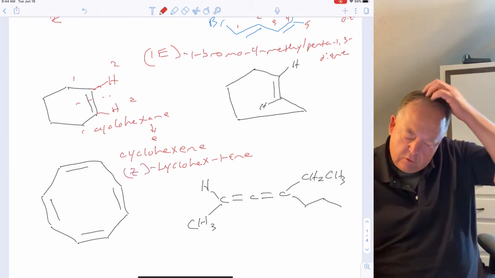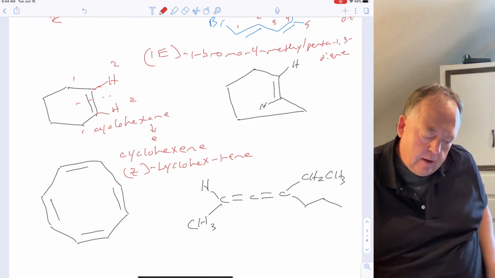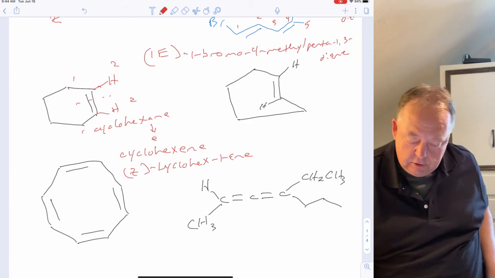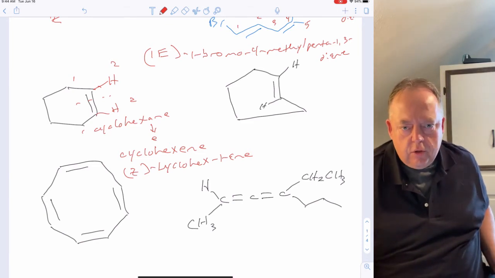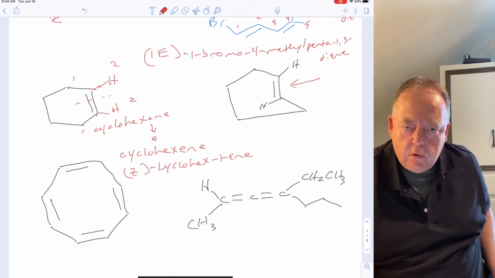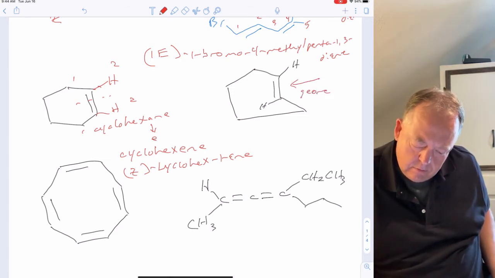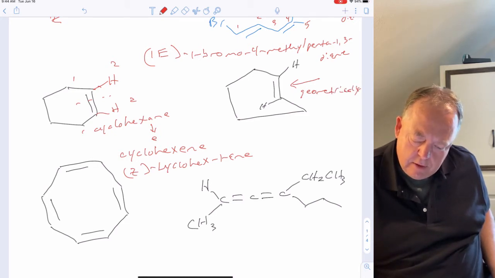So in the ring alkene, you typically wouldn't see cis and trans illustrated or shown, because it's just understood what the double bond looks like. Because if the double bond was trans in a ring, it would have to look like that, and that is geometrically so unstable.